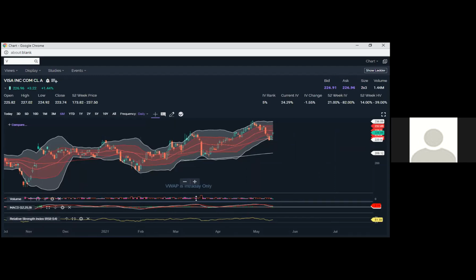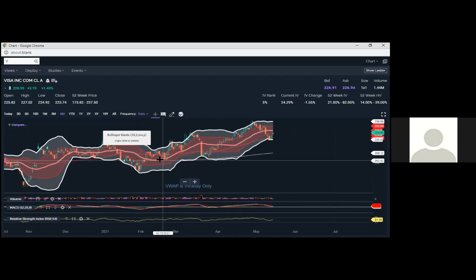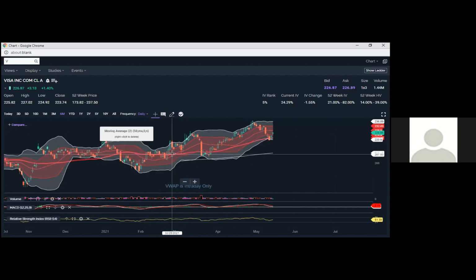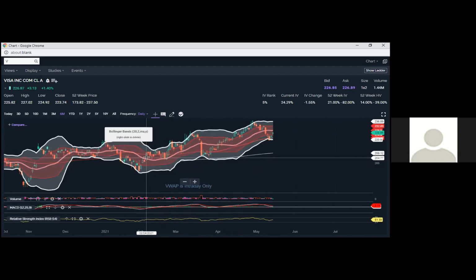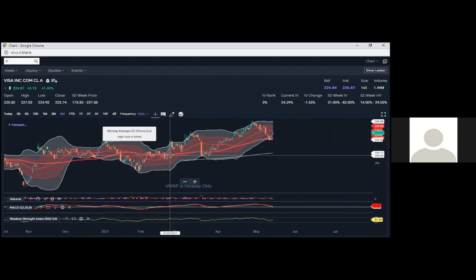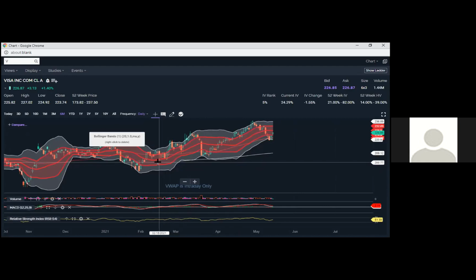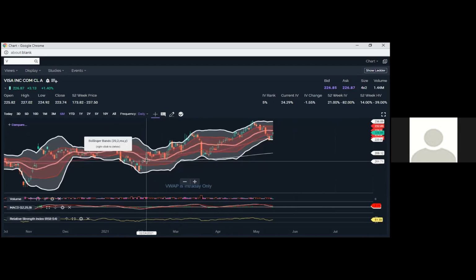So for instance, this is what I call no man's land. This is the consolidation area, which I told you guys earlier I was going to explain. No man's land is where you don't really want to add to your trade, but you want to manage it and see what happens. So if you see, the mean is right there in the middle as well. So the 1 standard deviation and 2 standard deviation share the same mean.